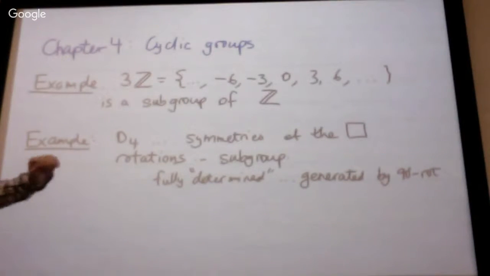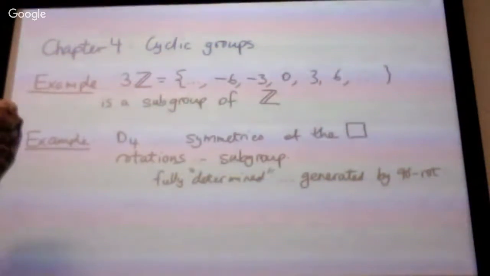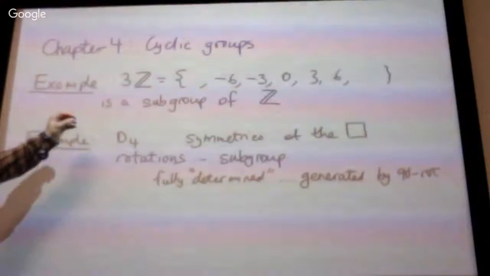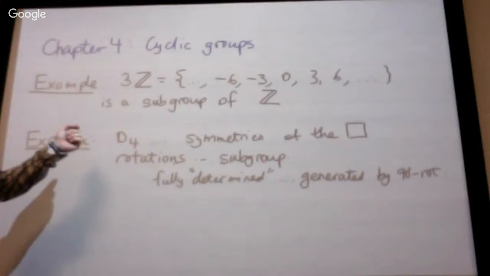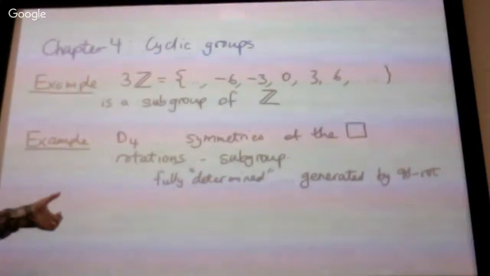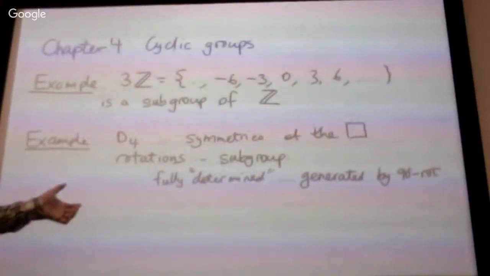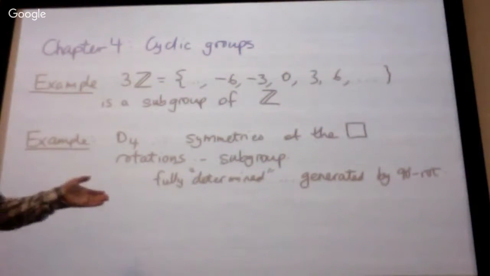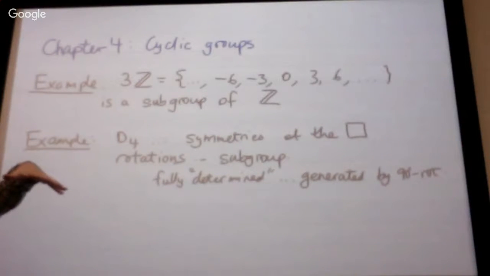So the general phenomenon here is that in any group, if you take any single element and you let it take its inverse and all its powers or multiples, depending on whether it's additive or multiplicative, you get a subgroup.